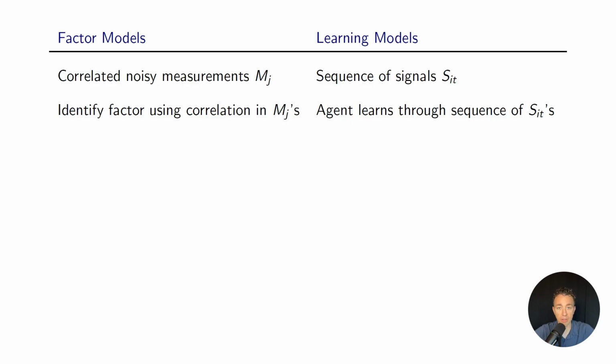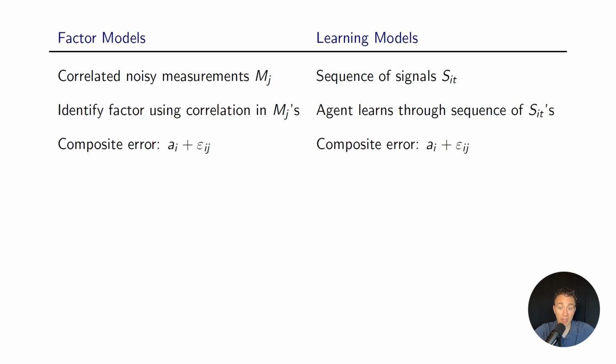And in learning models, we're doing something kind of similar. We have a sequence of signals that we're receiving over time, and naturally, correlation over time in those signals is going to uncover the underlying value of a sub i that we're trying to learn about.